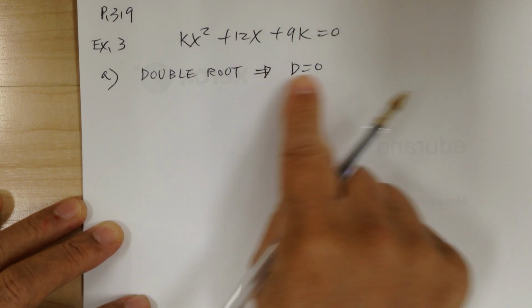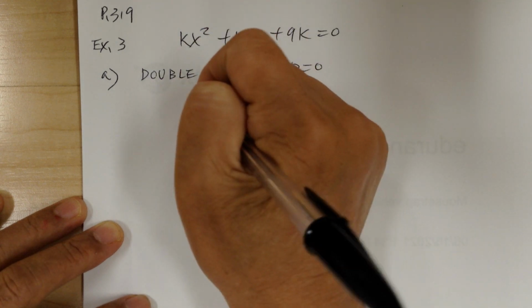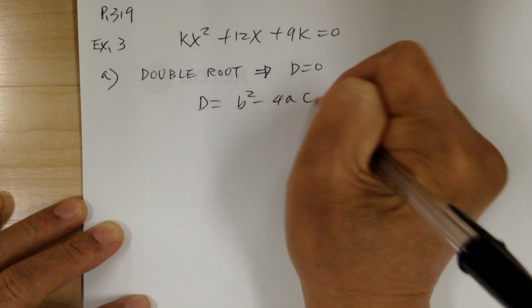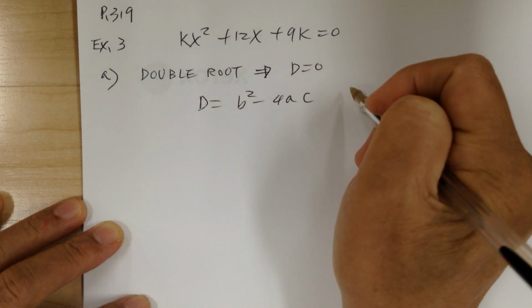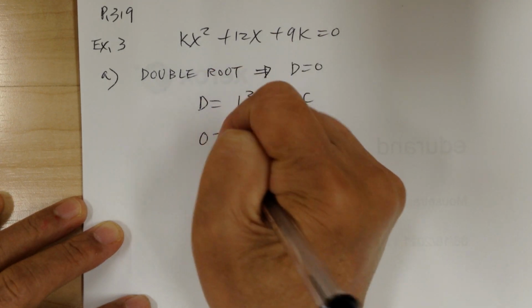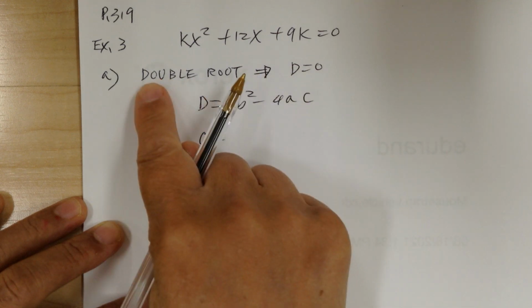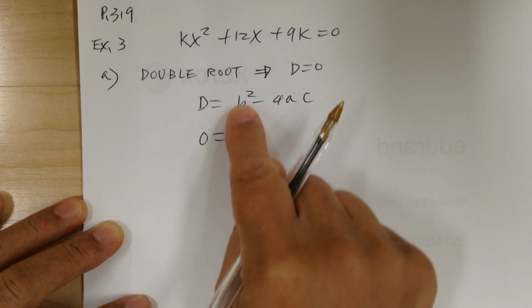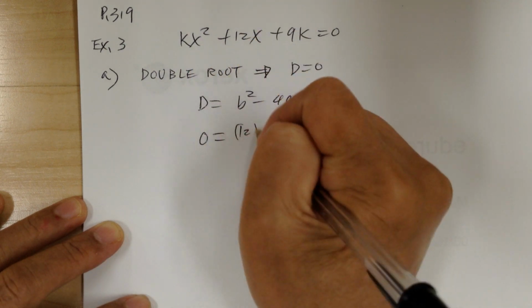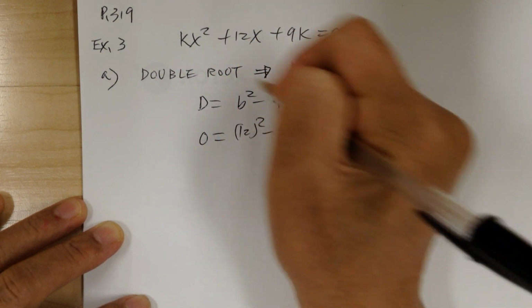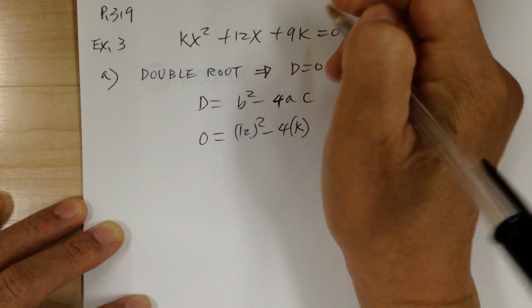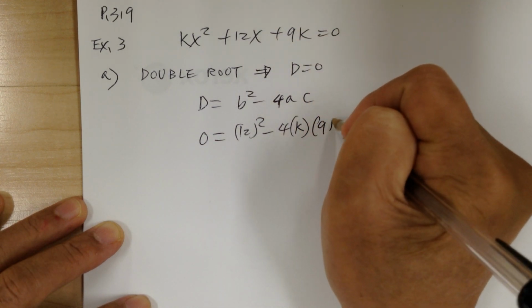Let's write the formula first. d equal to b squared minus 4ac, and you want d equal to 0, so 0 equal to, with b as 12, a as k, and c as 9k.